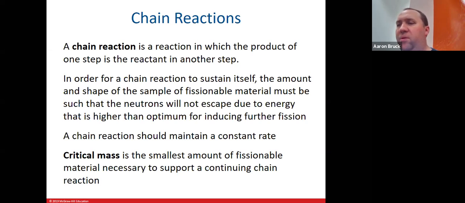Most nuclear power plants operate at lower masses of exposed nuclei than the critical mass as a safety precaution. When we see critical masses, we usually think about them in terms of bombs, because bombs will have critical masses or greater than critical masses of the fissile material in order to get the reaction to run out of control very quickly and produce all of that energy, all of that radiation, cause that mass destruction.